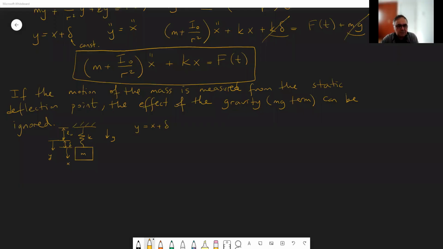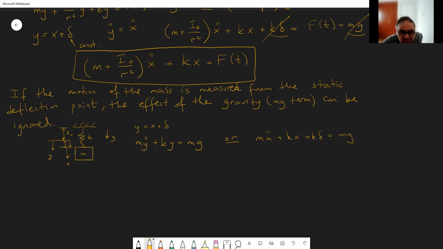Okay, so this problem is exactly the same as this one in terms of the static deflection point. That's what I was saying. With the y coordinate, the equation of motion is going to be m y double dot plus ky equals mg. But if we don't like this, the mg term is a constant term. We might want to avoid this, or you can write this as m x double dot plus kx plus k delta equals mg.